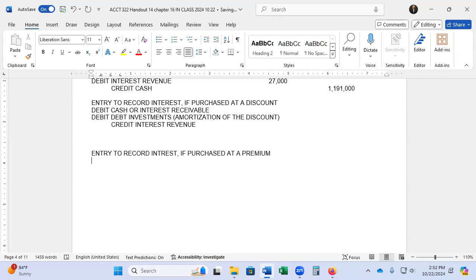What about if we need to record interest and it's purchased at a premium? You would debit cash or interest receivable. And you would credit debt investments, and this would be an amortization of the premium.